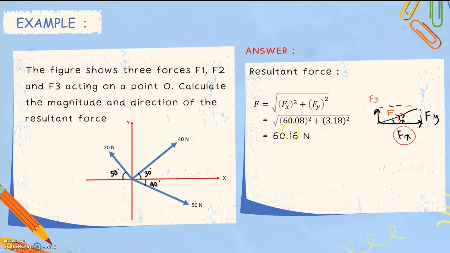So we get the magnitude of the resultant force as 60.16 Newton. And how do we know the direction? For direction we can use tangent theta, which equals Fy over Fx. So we get the value for theta as 3.03 degrees.